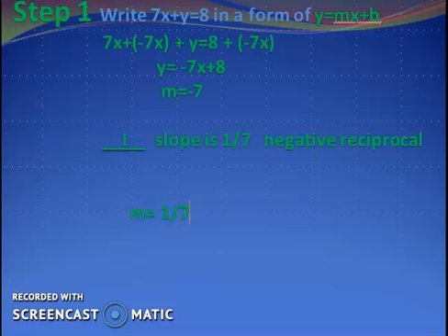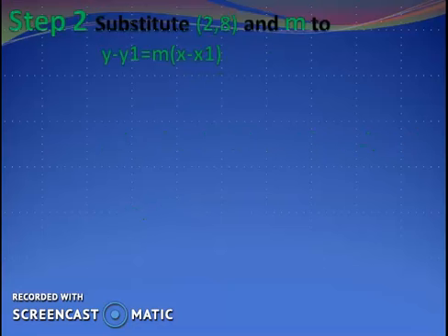Okay. So now that we know the slope and the point, we can substitute into y minus y sub 1 equals m times the quantity x minus x sub 1. Remember that the slope is 1 over 7.